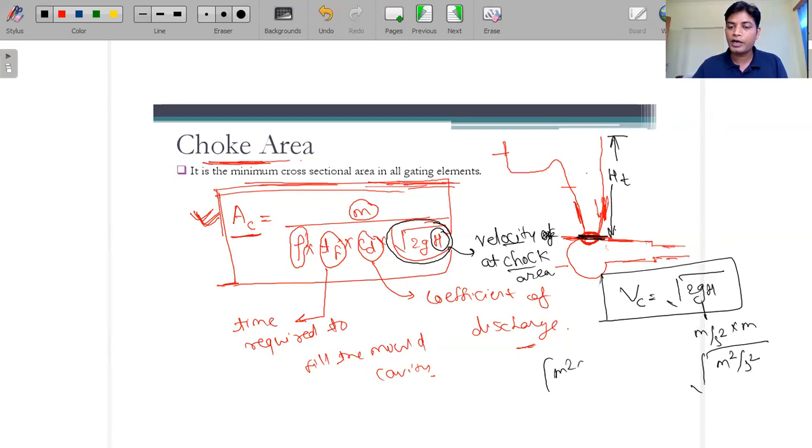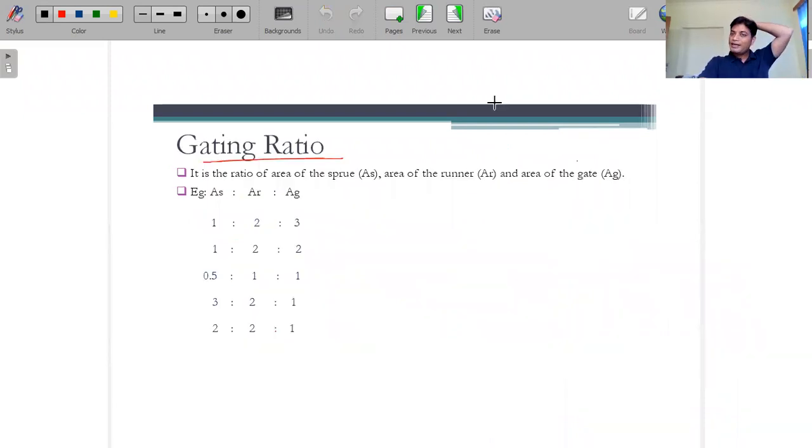So meter square upon second square to the power 1 by 2 will be meter per second. And what is the unit of velocity? That is meter per second. So whatever the velocity, root 2gh is representing the velocity. Okay, and we calculated this from Bernoulli's equation as well.